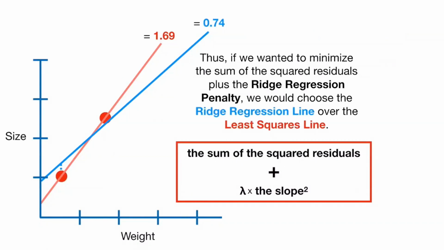Thus, if we want to minimize the sum of squared residuals plus the ridge regression penalty, we would choose the ridge regression line over the least square line. As I said, the value has bettered by tilting the line a bit, making it less steeper. We will take this line as the better line.